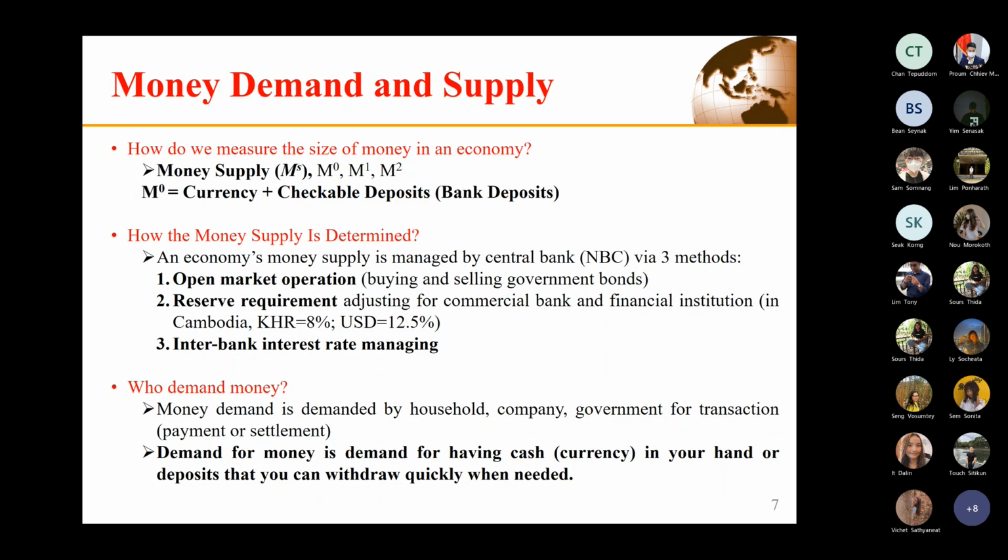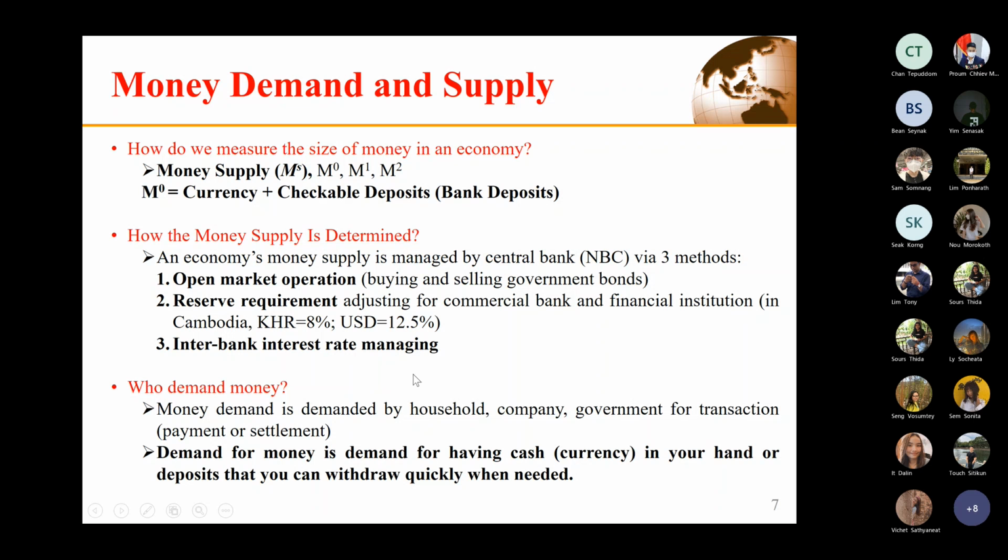We also learned how the central bank regulates or influences the money supply. We learned that there are three mechanisms that the central bank would use to increase or reduce the money supply, including open market operations, reserve requirement adjustment, and interbank interest rate management.